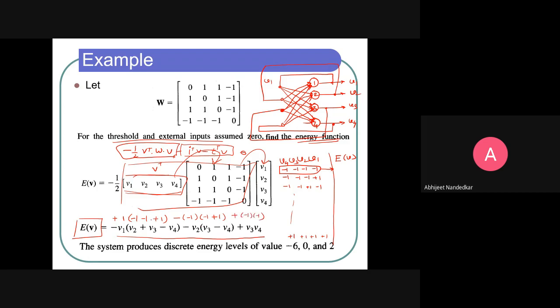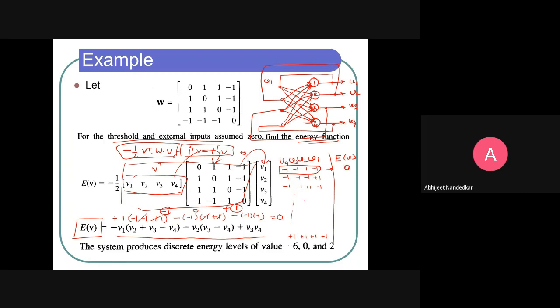Okay, so you try to solve this. I think this will get cancelled out, so this will be -1 and this will get cancelled out, so this is 0, plus 1 plus 1, -1 into -1 is 1, so minus, so in total I think it is coming as 0. So the energy here will be 0.